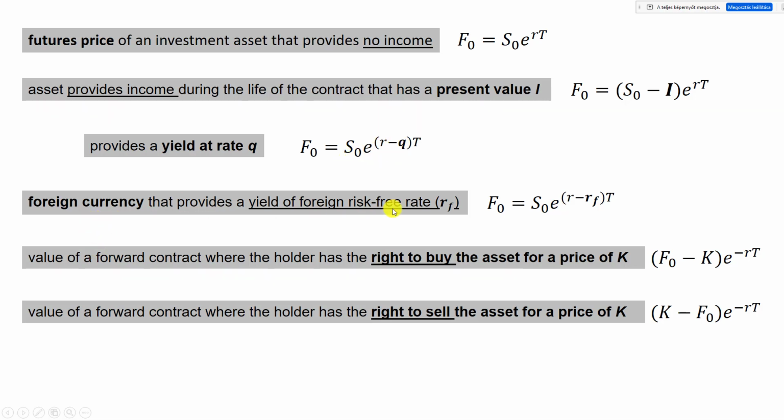Or if it's a foreign currency, then we have to take the difference between the domestic interest rate and the foreign interest rate.